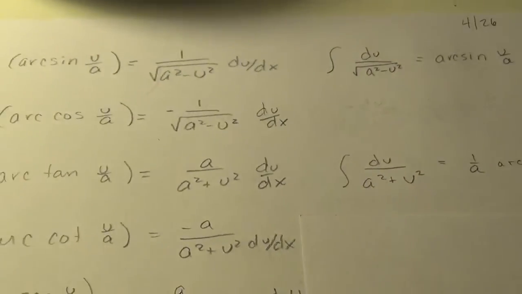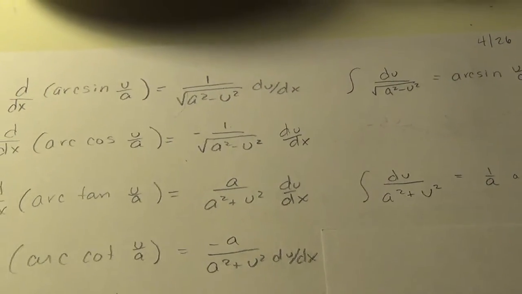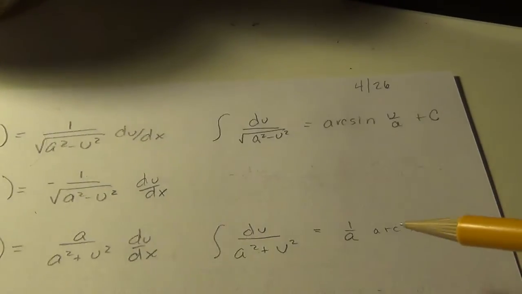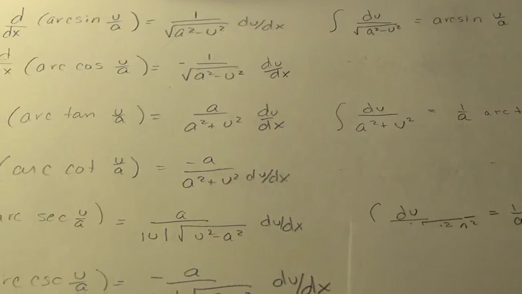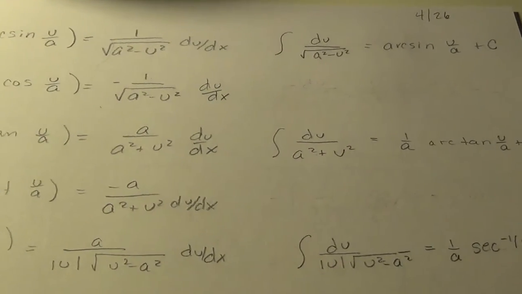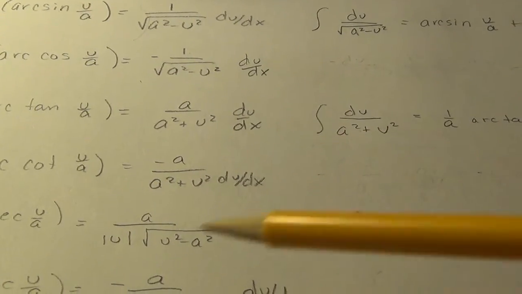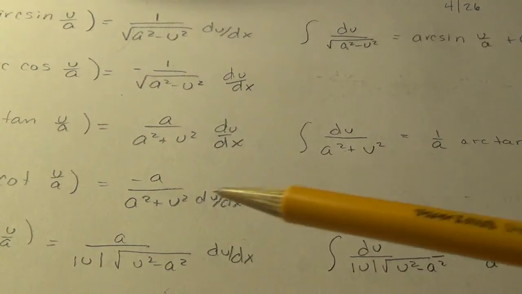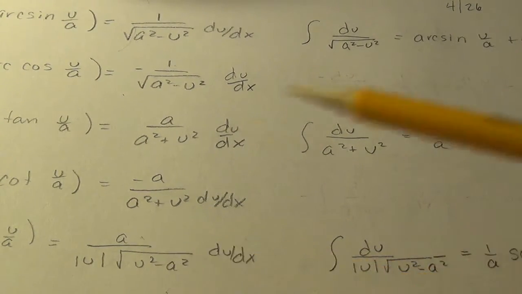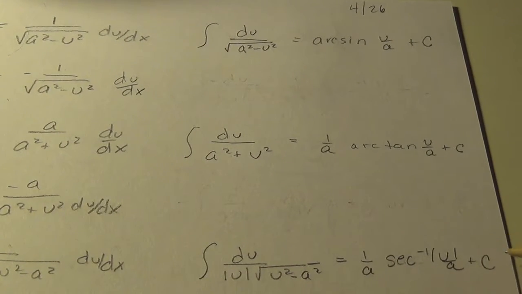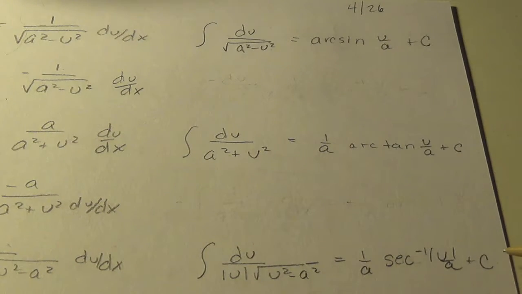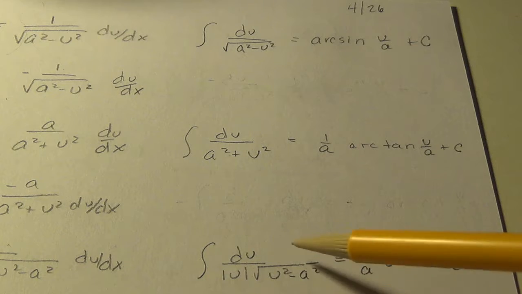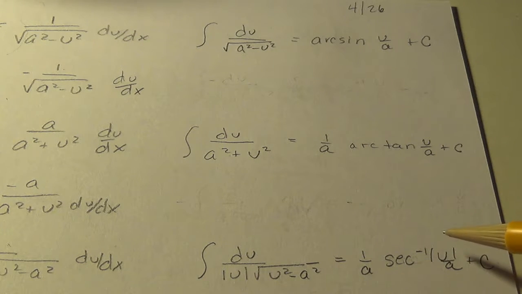Alright, once again we're going to skip the negative one, which can be handled easily with this integral, and skip down to this one, where we take the integral of this, and we get that 1 over a business because we have to account for that. So this is the integral. 1 over a secant inverse.